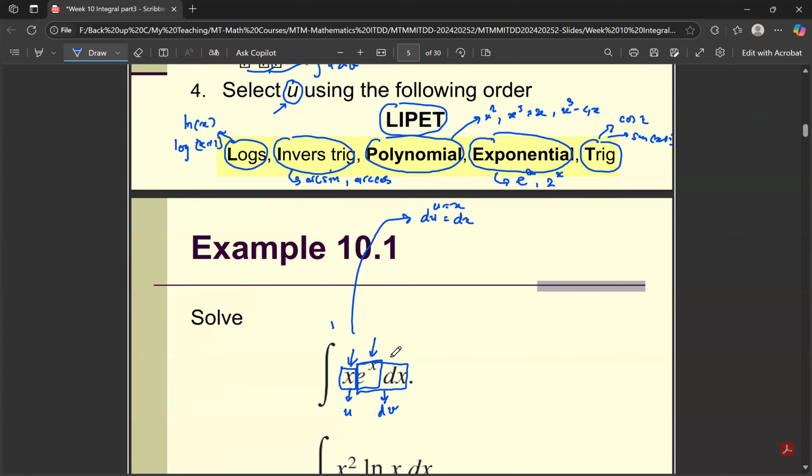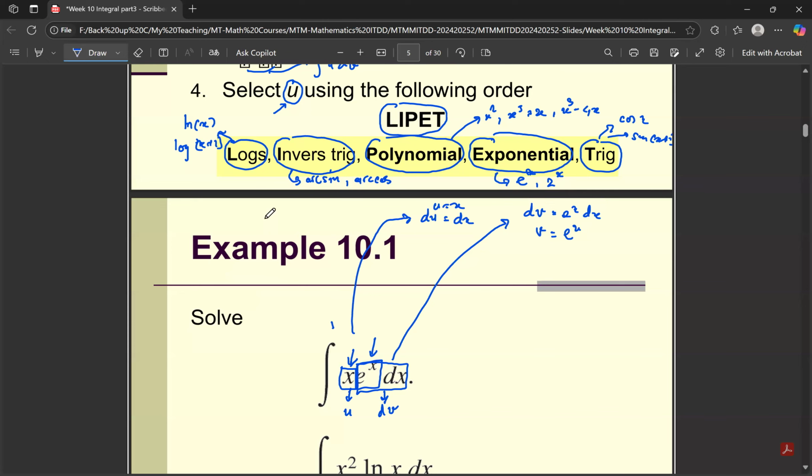And on the right also, we need v. dv, in this case, is e^x dx. So v is the integral of e^x. We already know from the previous lesson the integral of e^x is equal to e^x. So this is e^x.